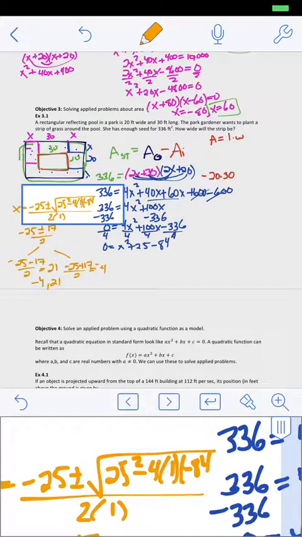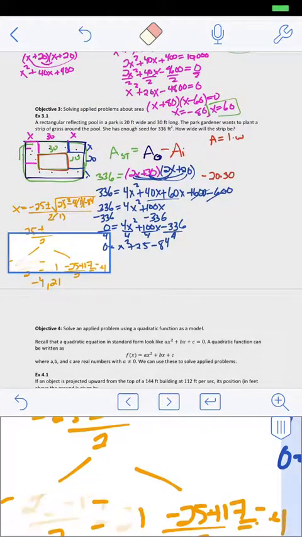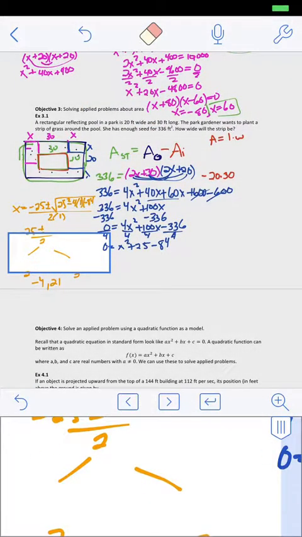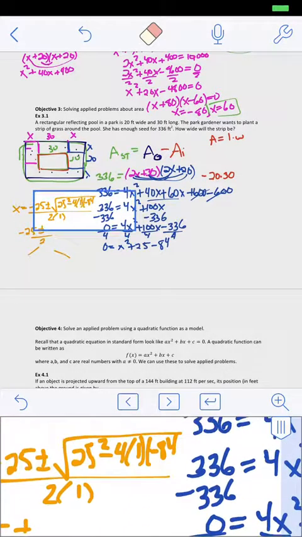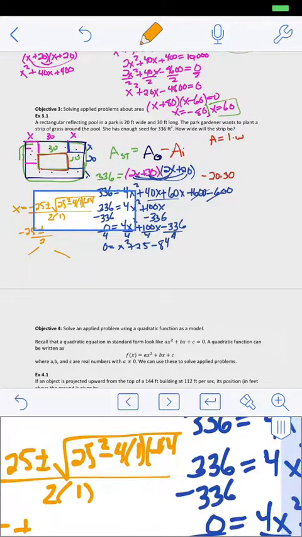Not minus. So that would be 625 plus 4 times 84. 961, the square root of that would be 31. My apologies. This should be a 31, not a 17. We'll just erase all this. See, even math teachers make mistakes too. We drop negatives. Doesn't mean we should, but we do, because we're human.